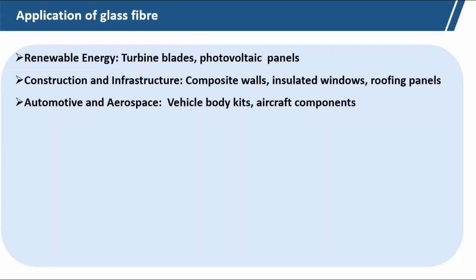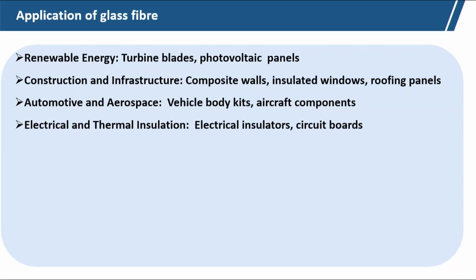Automotive and aerospace, vehicle body, aircraft components, due to its high temperature resistance. So, we can use the glass fiber in all these areas. Electrical and thermal insulation. So, for this application, electrical insulator, circuit board, we use glass fiber.